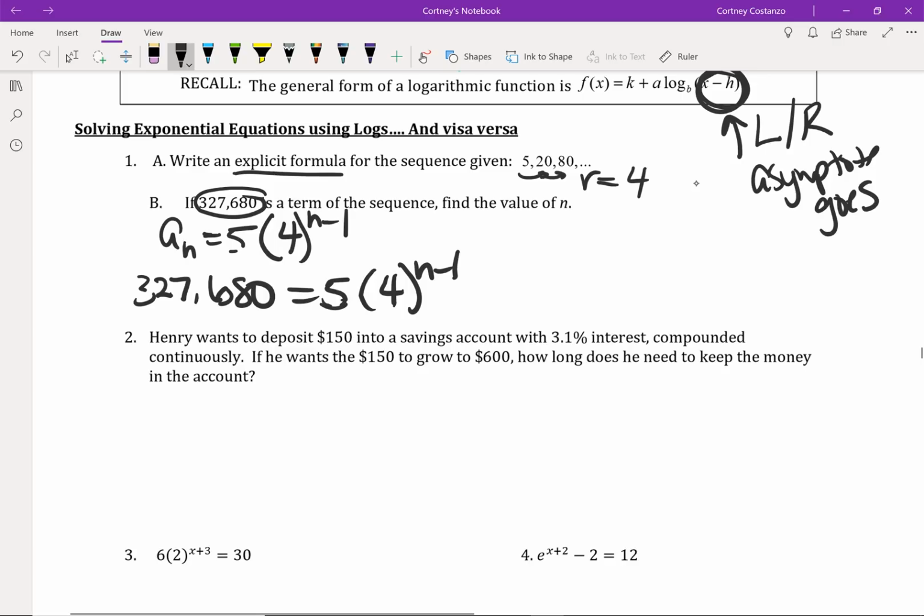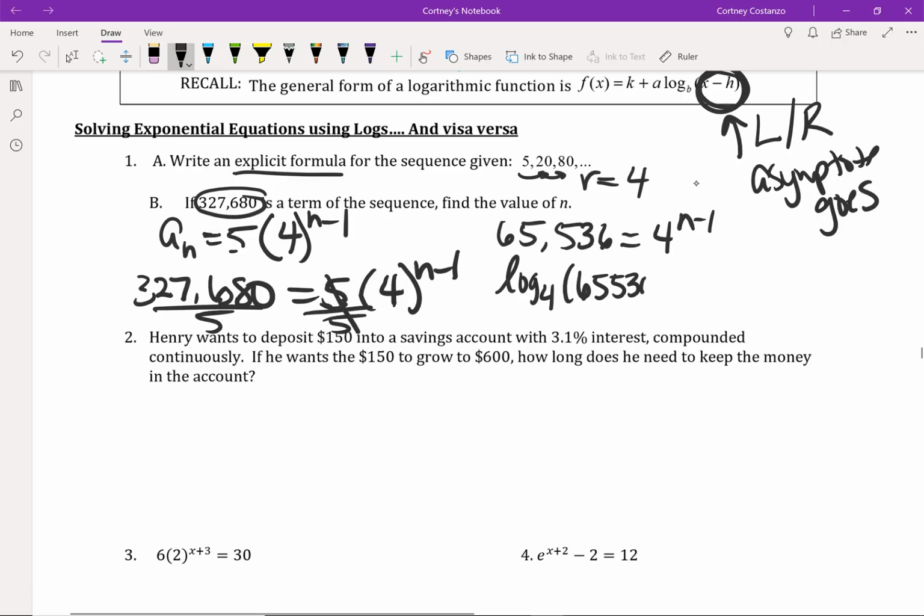I think the first thing I would do is divide by 5 to isolate the exponential to the best of my ability. I get 65,536. And I could here technically get common bases and drop the base, but if we want to actually utilize our knowledge of logs, I would do log base 4, BAP, base, answer, power.